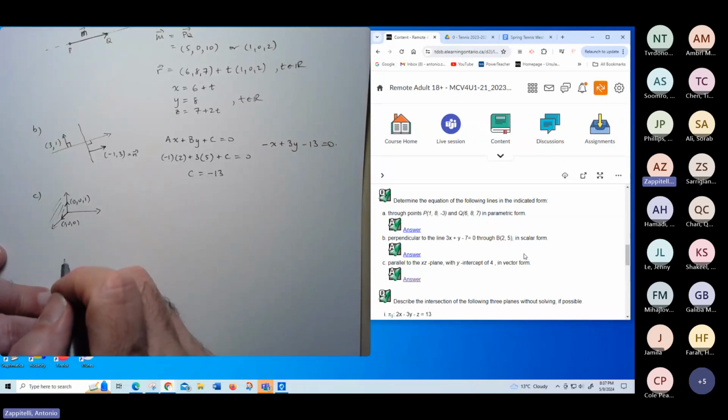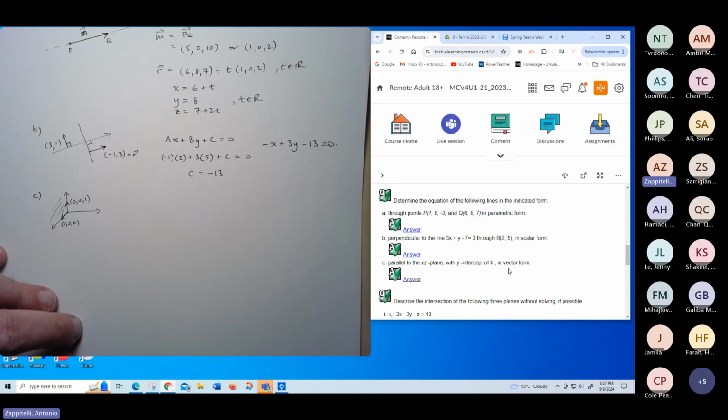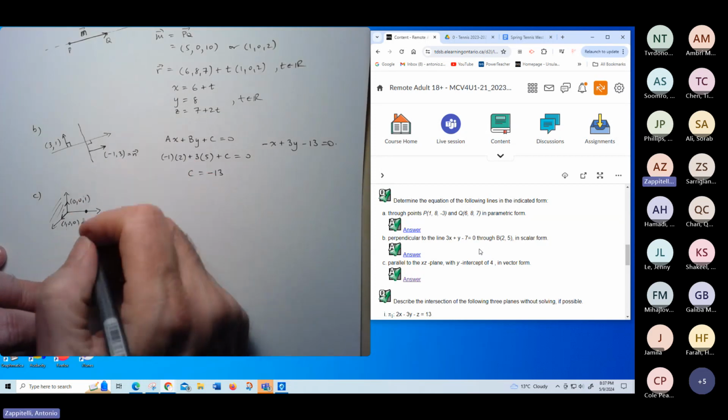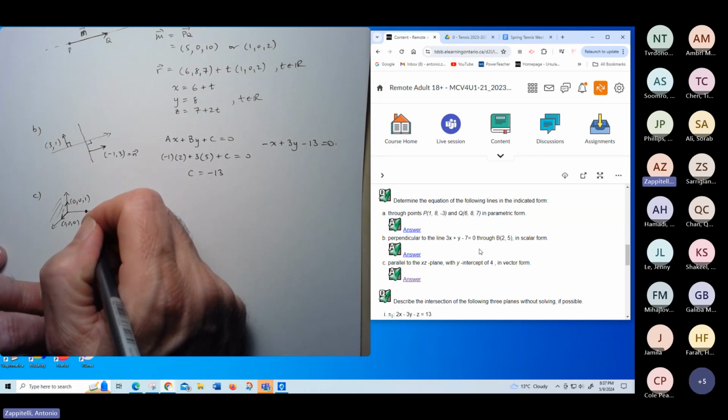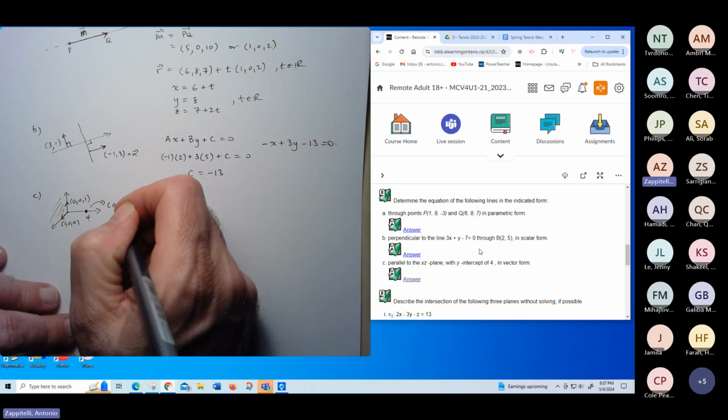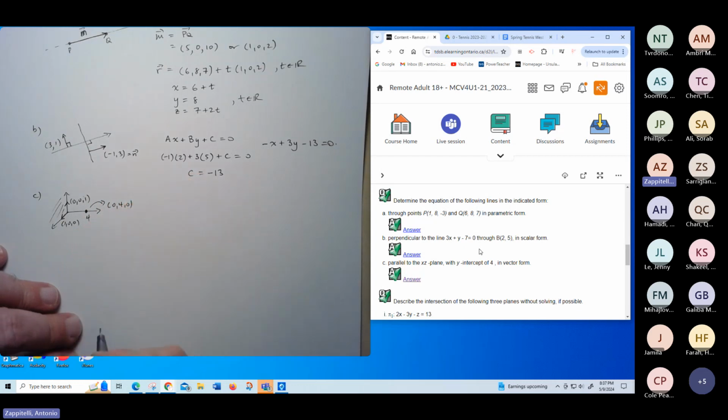And now the other thing I need to get the vector form of the plane is a point. Since the plane contains the point with a y-intercept of 4, this point is just going to be (0, 4, 0).